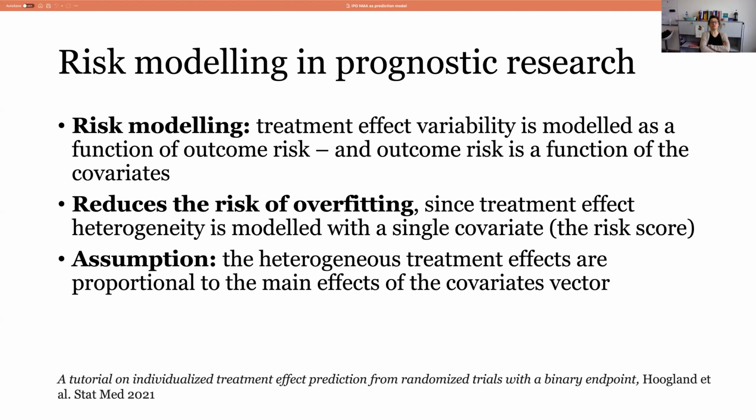It has a couple of advantages, like reducing the risk of overfitting, because the treatment effect heterogeneity is modeled only with a single covariate, the risk score, but it assumes that the heterogeneous treatment effects are proportional to the main effect of the covariates vector. You can find more details in this article that I cite below by Hoogland.